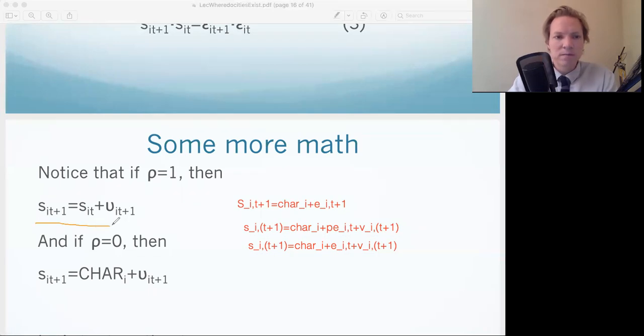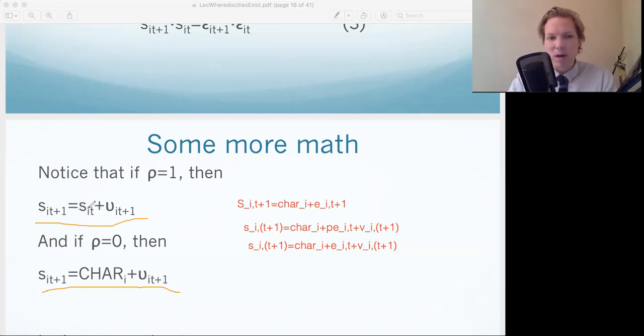All right. If rho is 1, my population is going to be dependent on last period's population plus just a random variable. If rho is 0, then my population is going to be dependent on the underlying characteristic of the city, not last period's population. It's going to be really dependent on whatever this underlying characteristic is. So basically this says shocks matter, that shocks will persist.